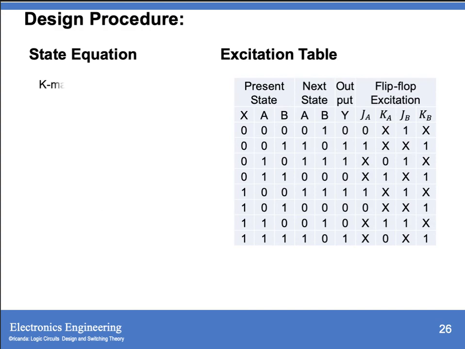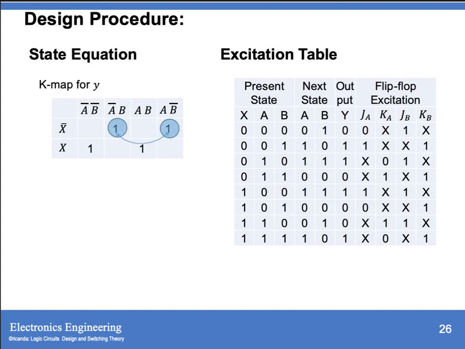For your Y, so we have 0, 1, then 0, 1, 0, 1, 1, 0, then 0, 1, and 1, 0. No, 0, 1, 1, 0, then 1, 0, 0, 1.